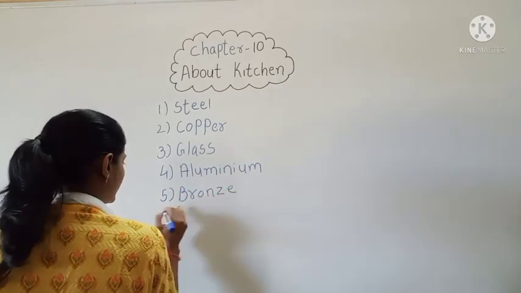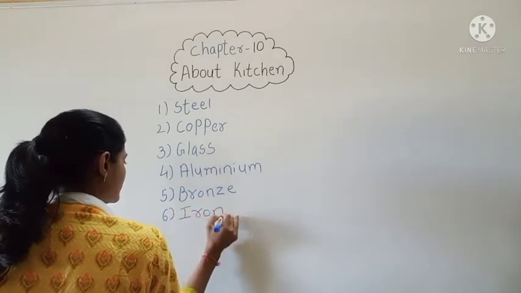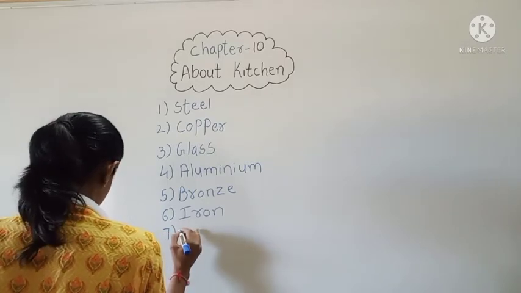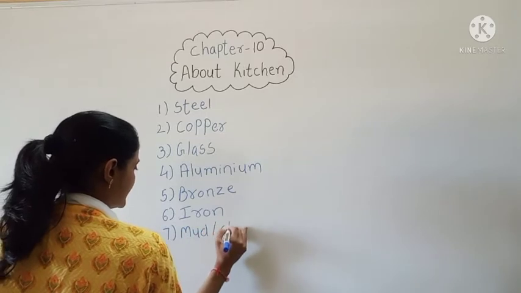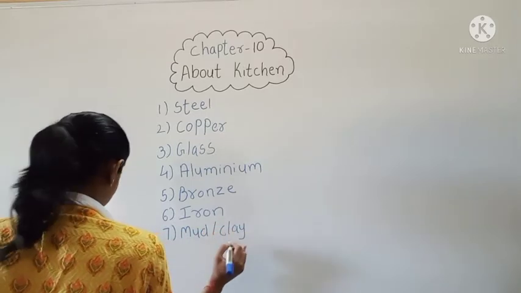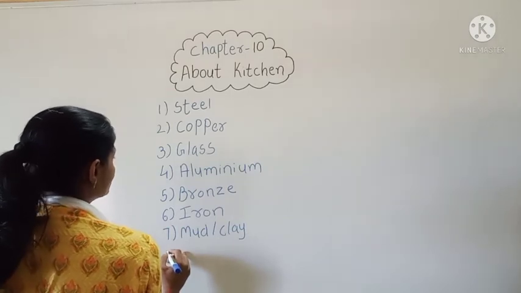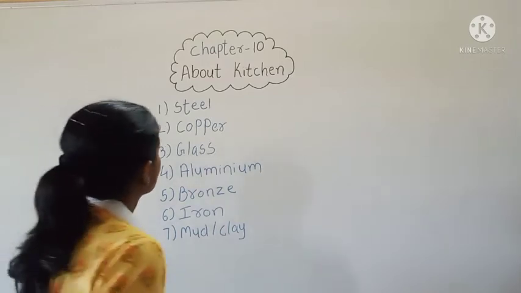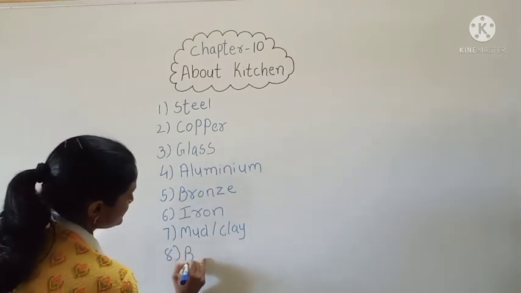Number 6 iron. Number 7, mud or clay. Okay, now these are, see, there is one more, that is brass.